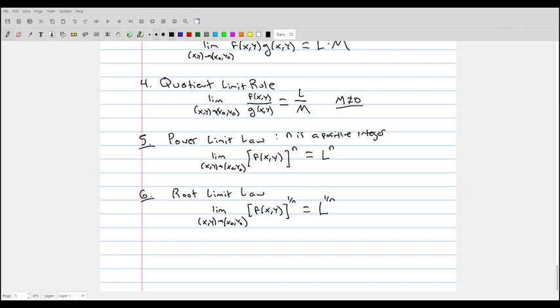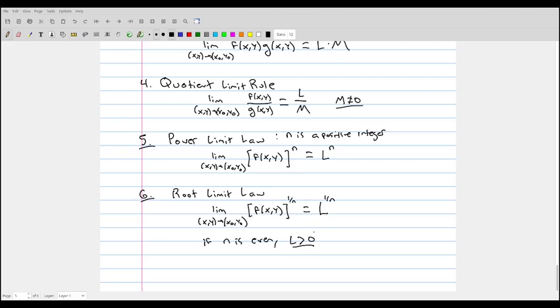And now it is important to specify that n is a positive integer, and if n is even, we have to assume that L also has to be greater than 0 in order for this to hold, because you can't be taking an even root of a negative number in real calculus, because you won't get a real number. So that's an important specification.